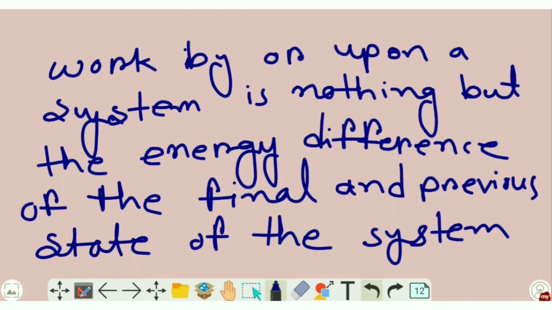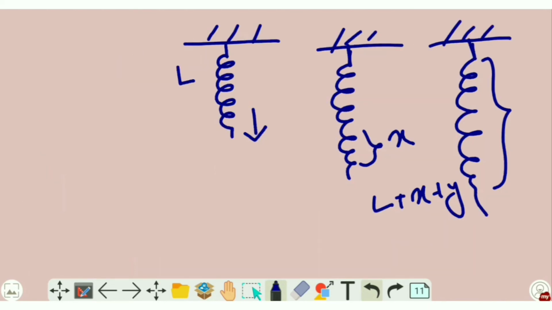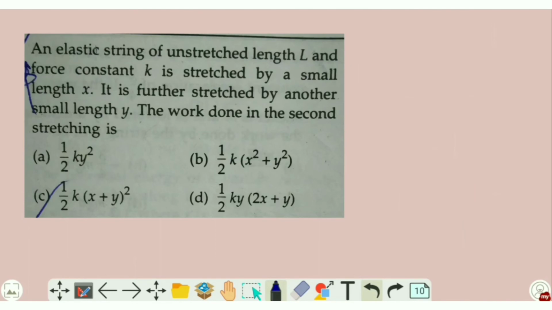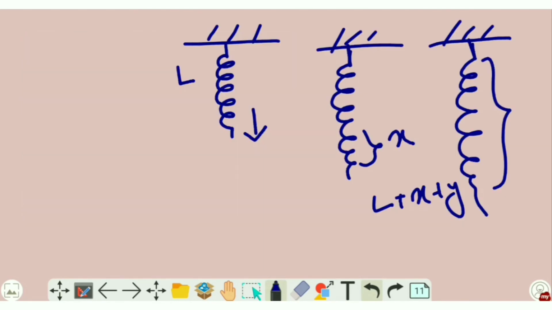So work done is the energy difference basically. So we have to find what is the work done in second stretching. So if we have the energy after the first stretching, and if we calculate the energy after the second stretching, then we can easily have the work done in second stretching.